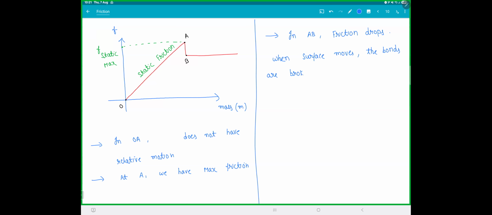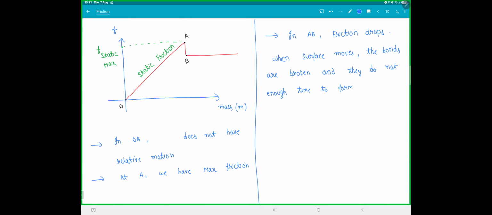And they're trying to find a new bond. So it's trying to find a bond with the other molecule in front. But the problem is, now you started moving, so you're not giving enough time. Every time a bond forms, you're breaking it immediately. So these bonds don't form properly. They do not have enough time to form the bonds completely.